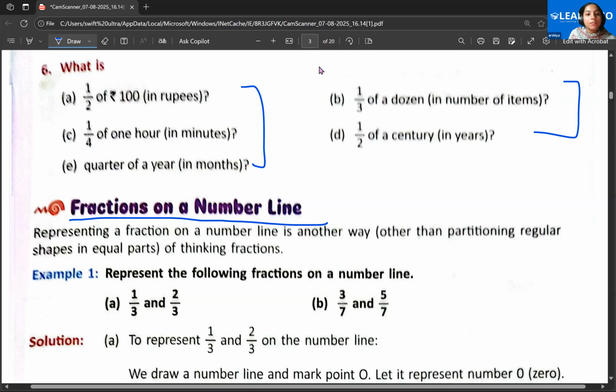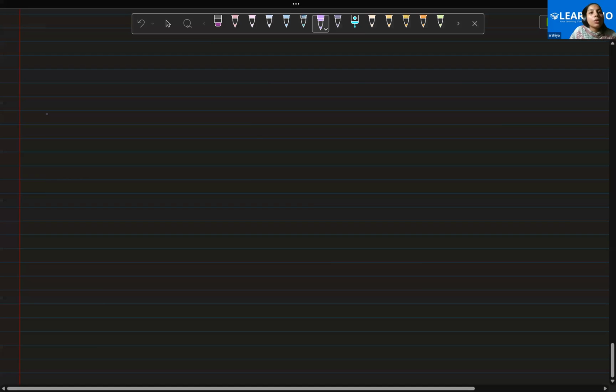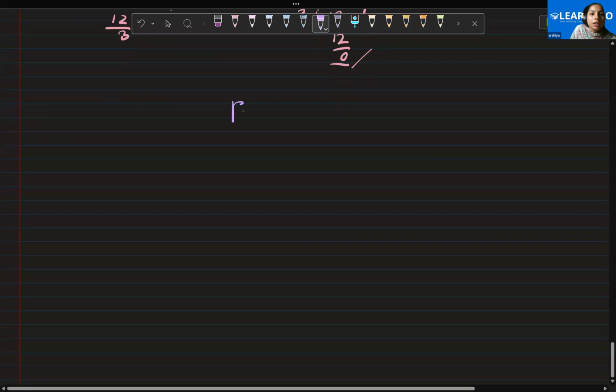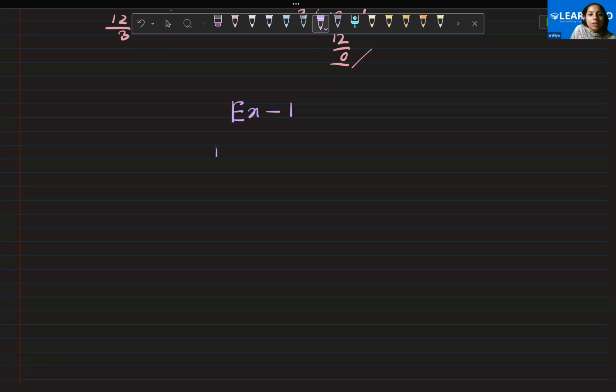I'm just going to share the different screen. Okay. So we are on the first exercise. Basically, we have got fractions on a number line.